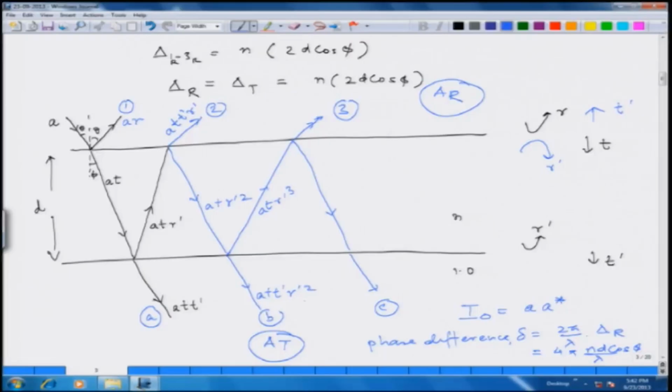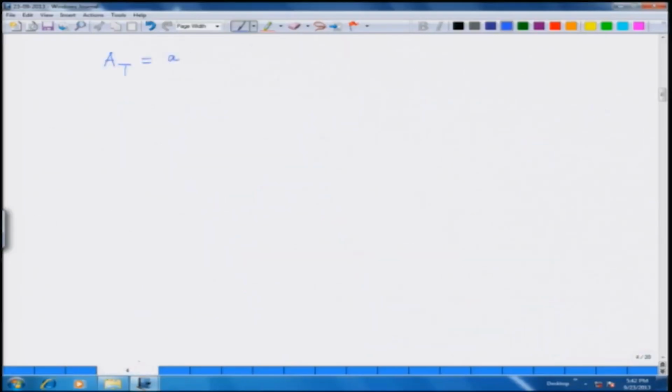We are going to add up this times the path difference, then twice the path difference, then three times the path difference. So, we will have A t t prime, which is constant throughout, so I can take it out of the bracket, and the other terms are going to be 1 plus r prime square exponential i the phase difference.